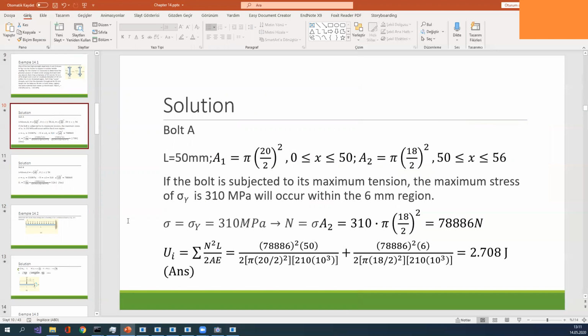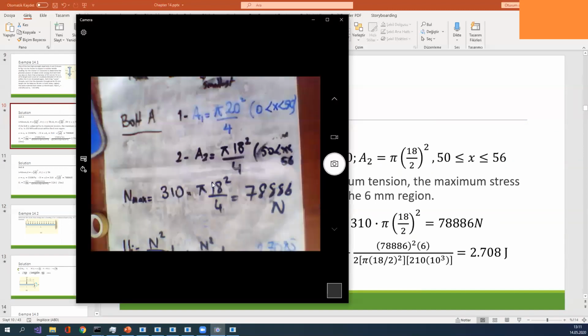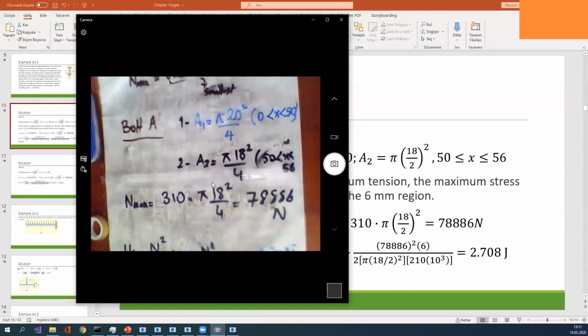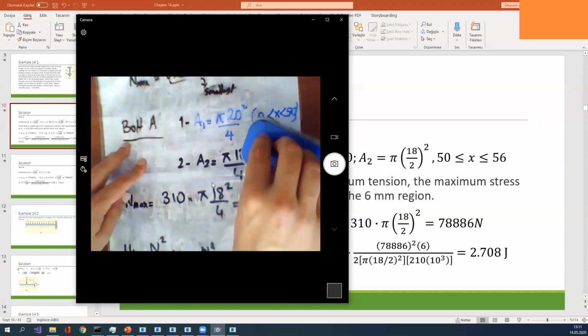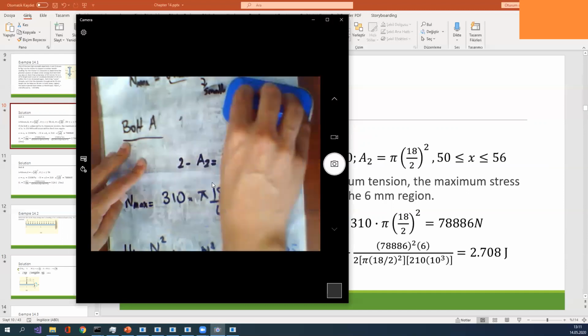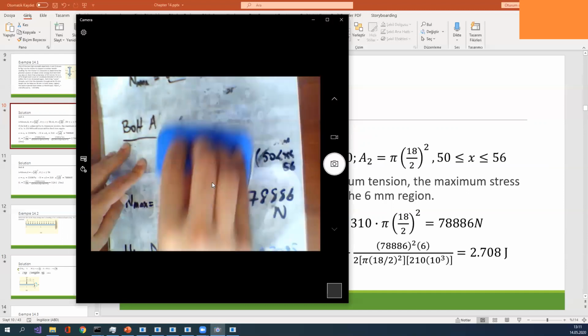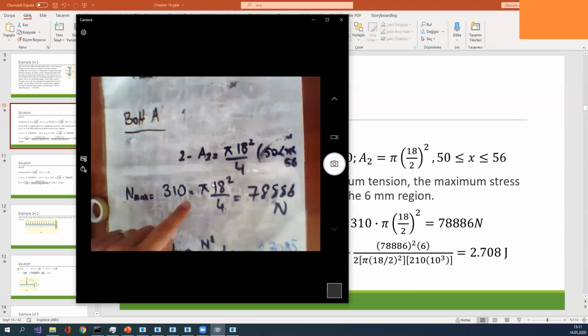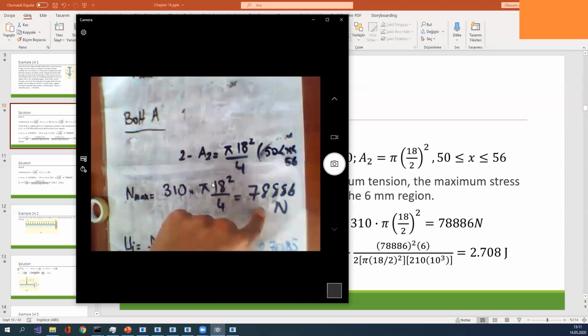For bolt B, we have only one area, therefore its area formulation is like this. So we don't need to compute which is the smallest and biggest. Therefore, N max is directly equal to area 2, so we have the same normal force value, the same maximum force value.